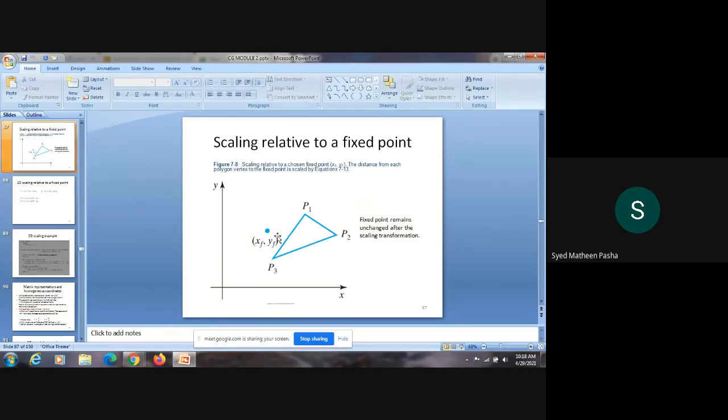As in the example, I have taken a point with two coordinates, xf as well as yf. I have drawn an object with three points here. With respect to this point, I can perform the scaling operations on this particular object with the two coordinates x as well as y, where this point remains constant.